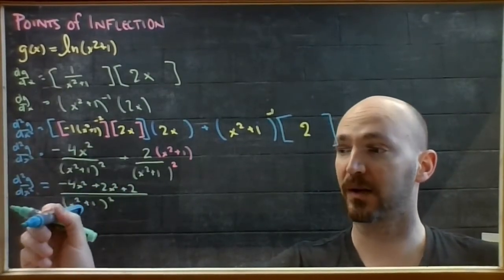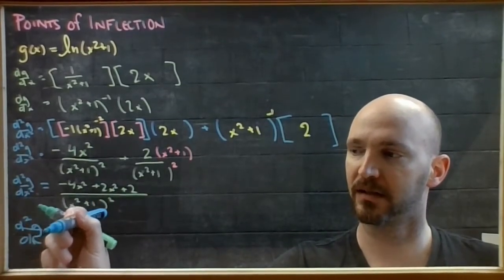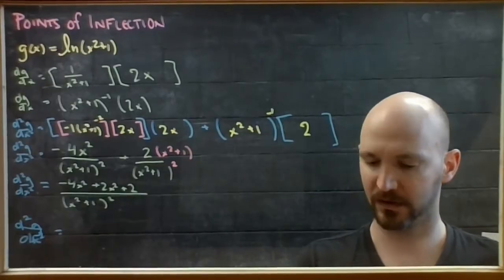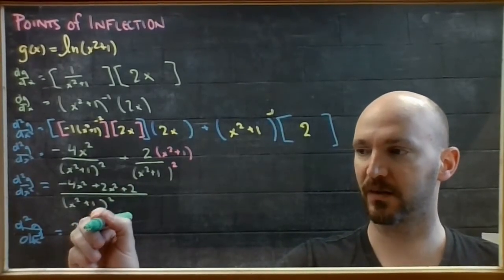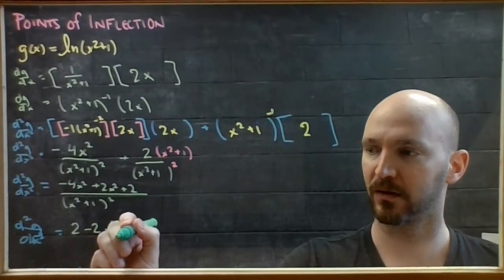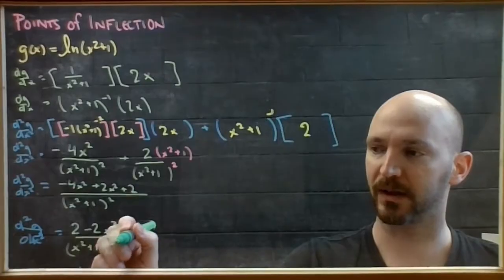And I have some x squareds that I can gather there, so that the second derivative of g simplifies to 2 minus 2x squared over x squared plus 1 squared.